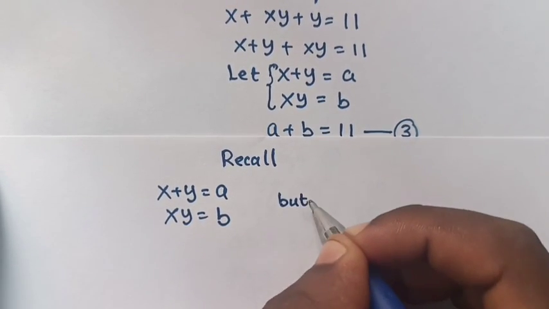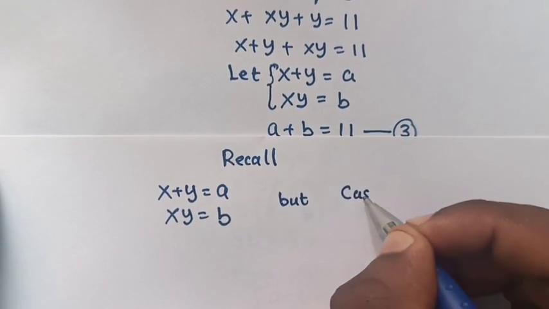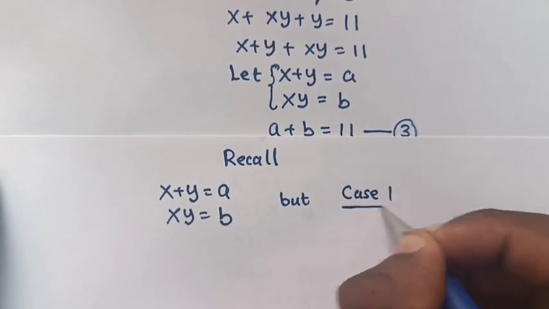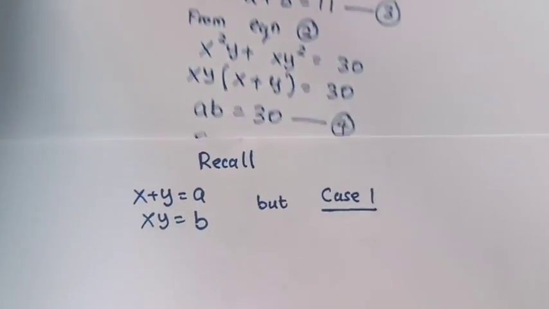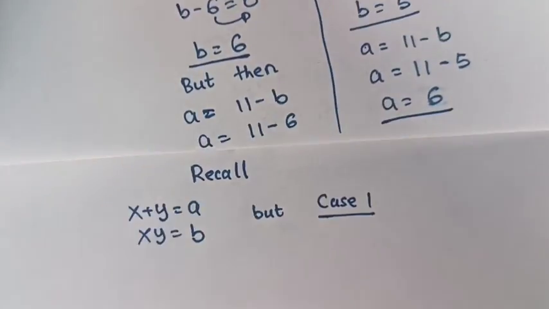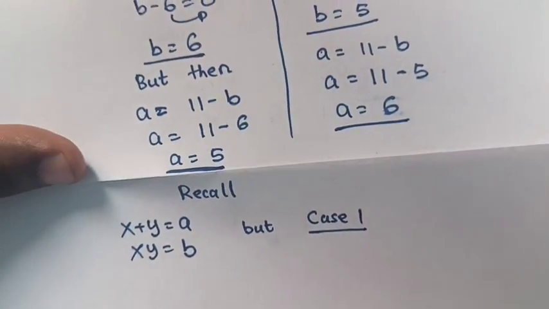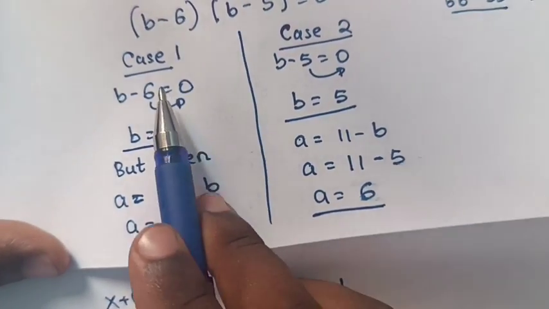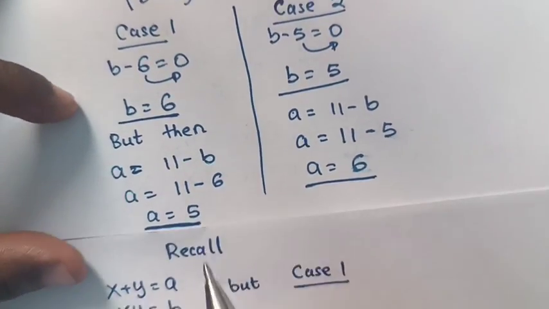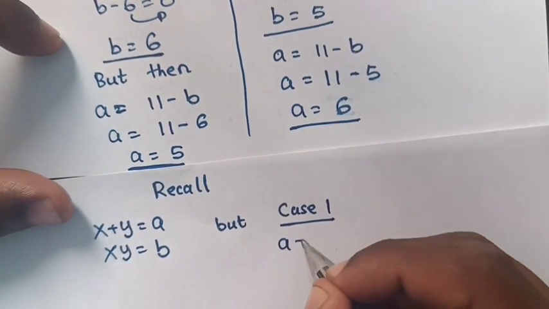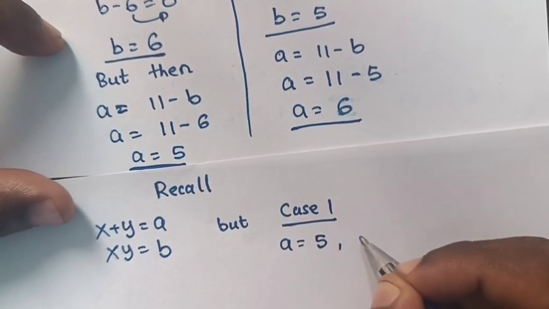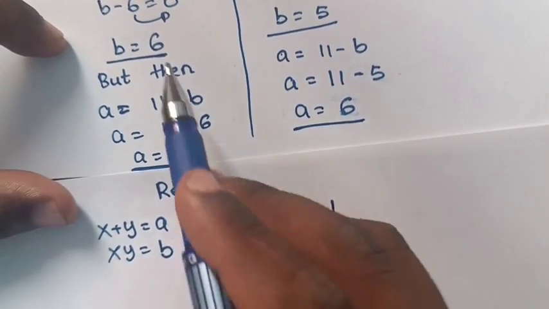Then in case 1, the values of a and b, where this is case 1, the value of a is 5 and the value of b is 6.